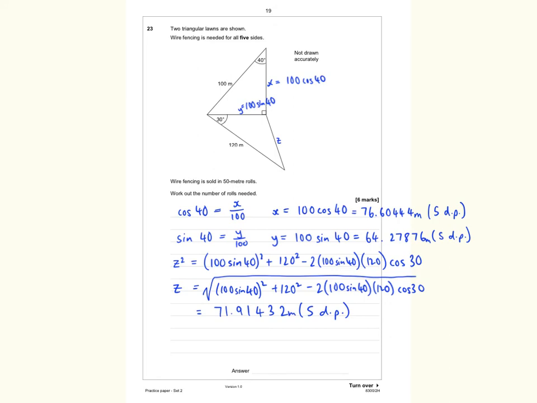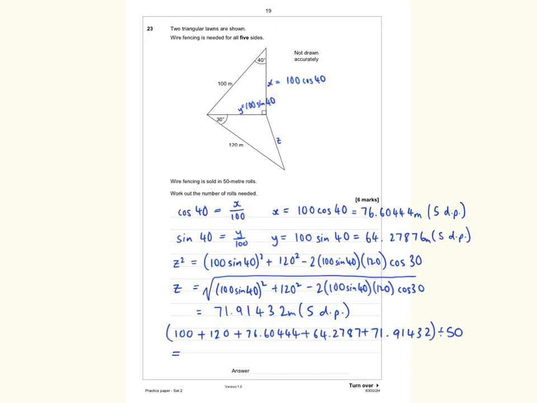I'm going to say 100, add 120, add 76.60444, add 64.2787, add 71.91432, and I'm going to divide all of this by 50, okay? Because the question is, wire fencing is sold in 50-meter rolls, how many rolls will be needed? So I need to divide that by 50, let's put that in my calculator.